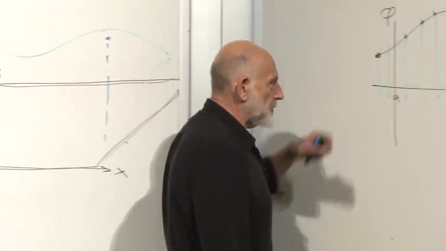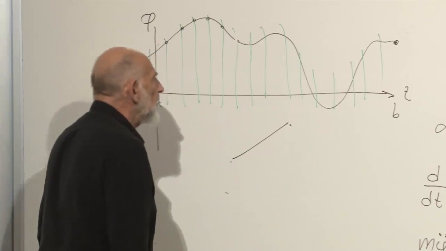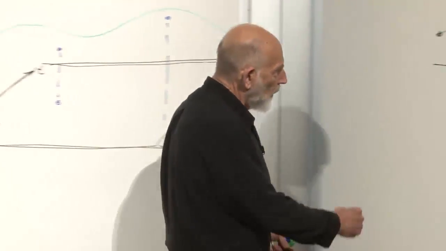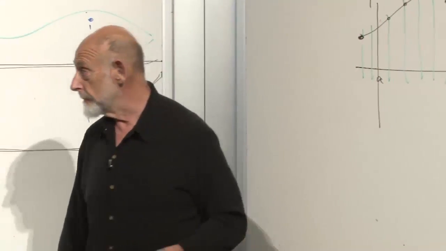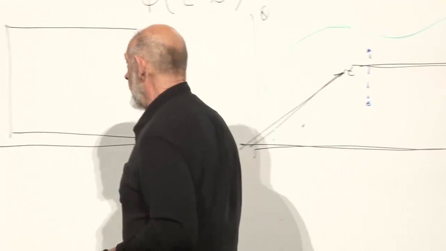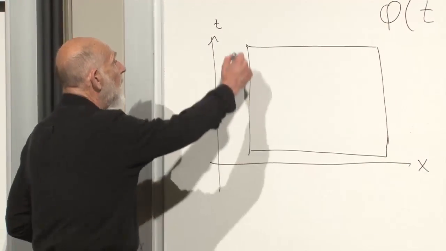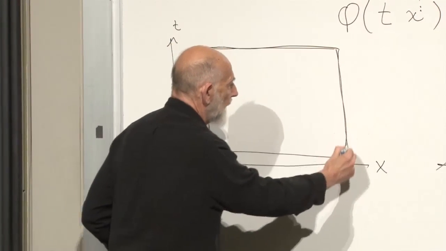This is very much like asking for the shortest distance between 2 points is a straight line, and you hold the endpoints fixed, and you look for all the ways you could wiggle the curve to minimize the distance between them. In a similar way, the action principle says, hold fixed the value of the field on the boundary here.